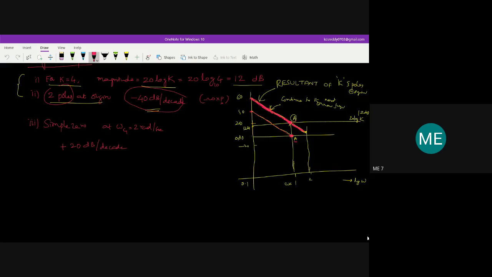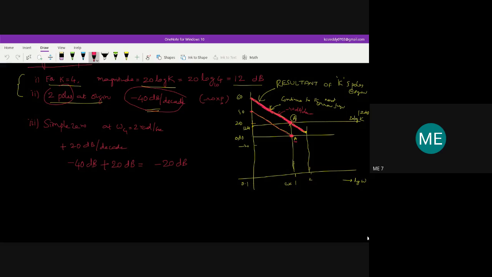The previous line has a slope of minus 40 dB per decade, and the current one is plus 20 dB, so the resultant will be minus 20 dB.